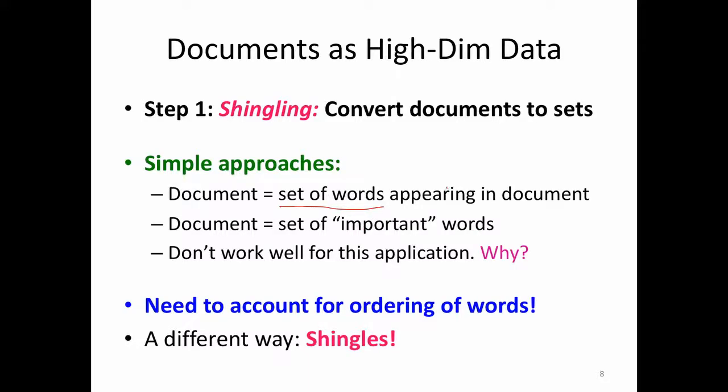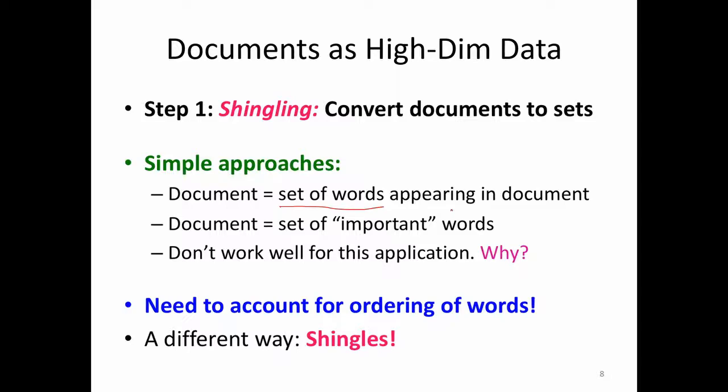So you have a vocabulary of a certain number of words, and now your document is represented by a subset of the entire vocabulary, that is, the set of the words which appear in that document.